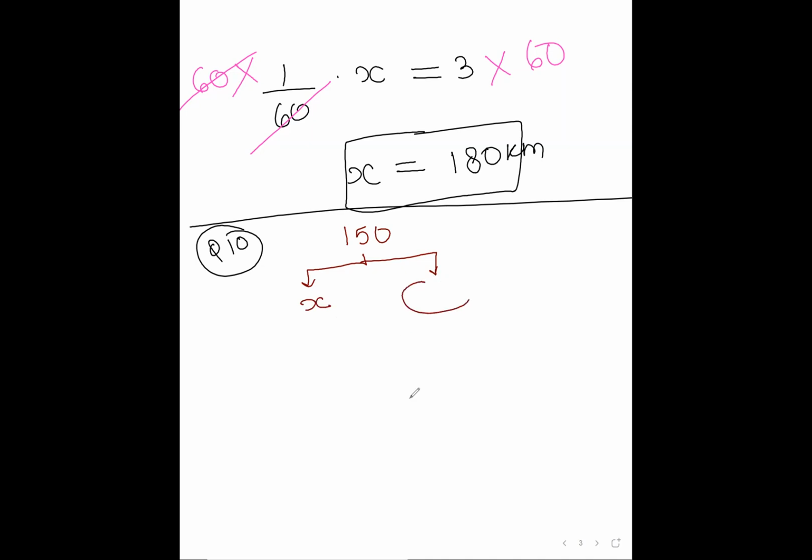Then the second part is how much? Twice of x means how much? 2x. Very good. So twice the first part is equal to the second part. Got it? Yes. Because the first part is x, twice of x is the second part.